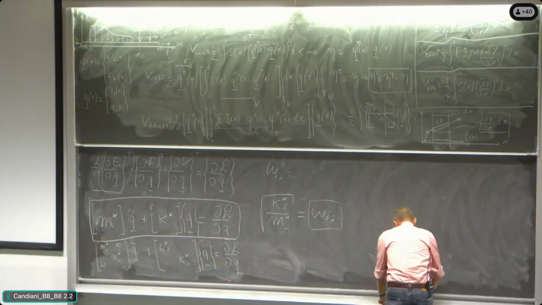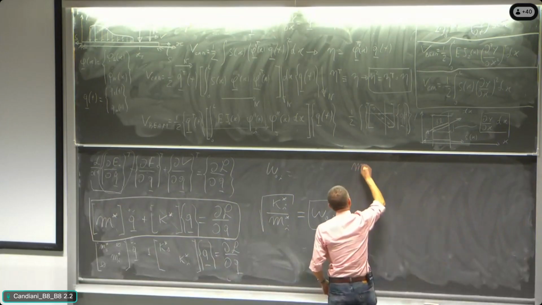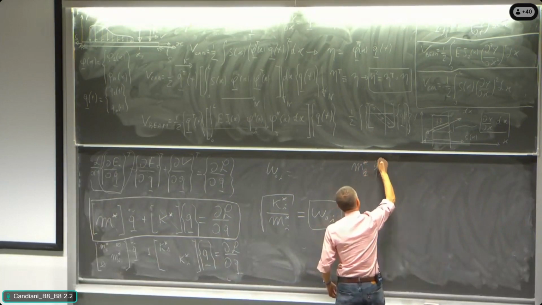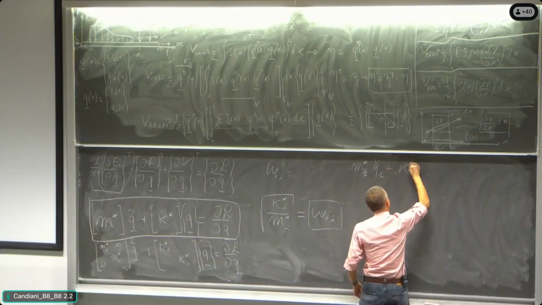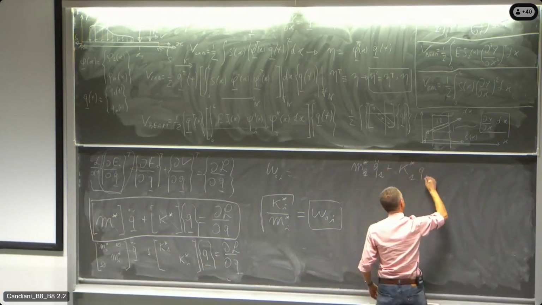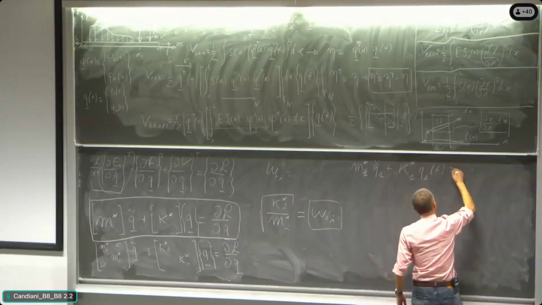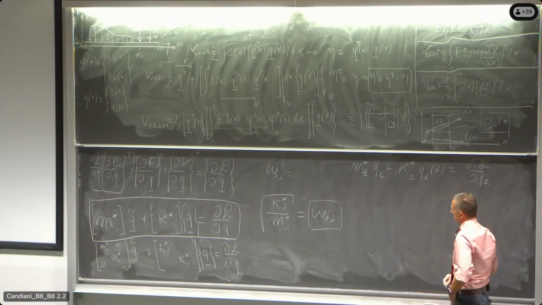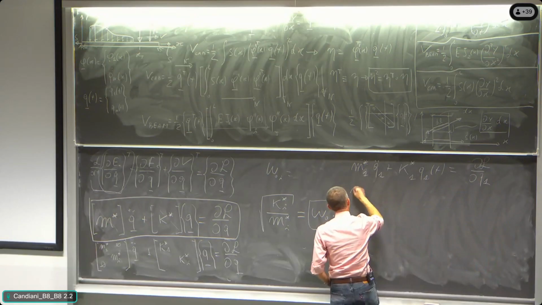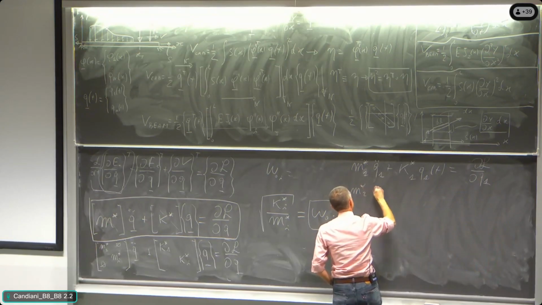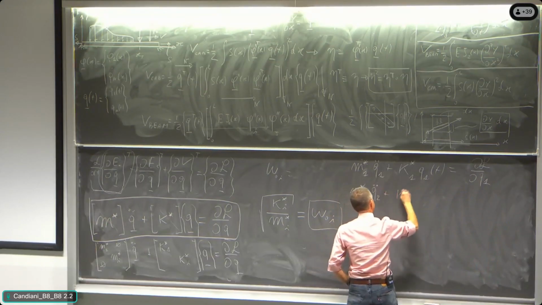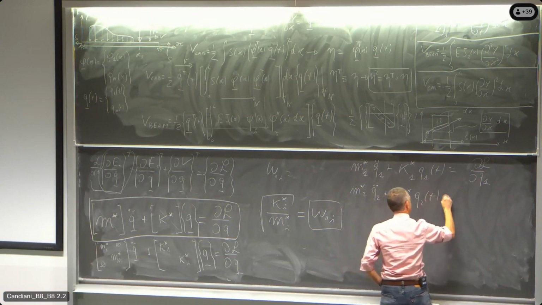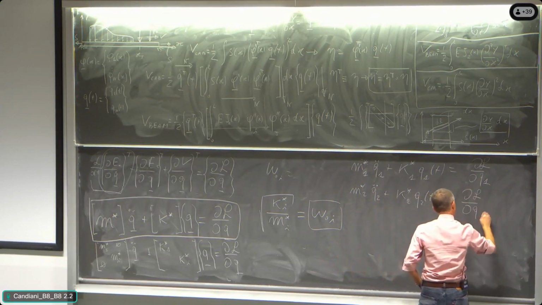We write M star 1, Q1 double dot, plus K star 1, Q1 function of time, equal to dL over dq1. And then the second is the same: M star 2, Q2 double dot, plus K star 2, Q2 function of time, equal to dL over dq2.